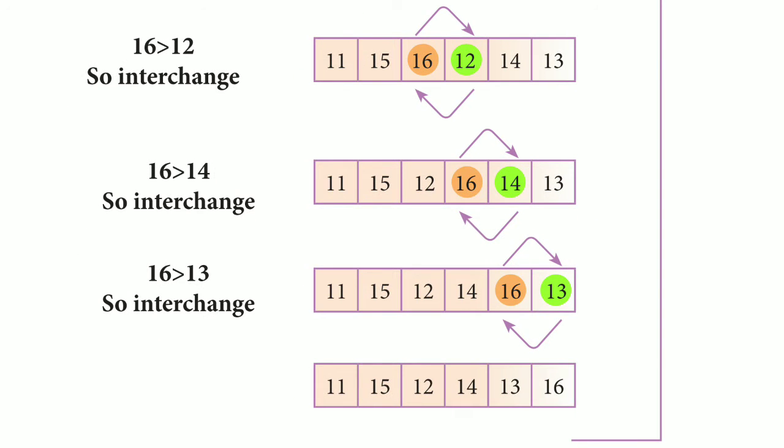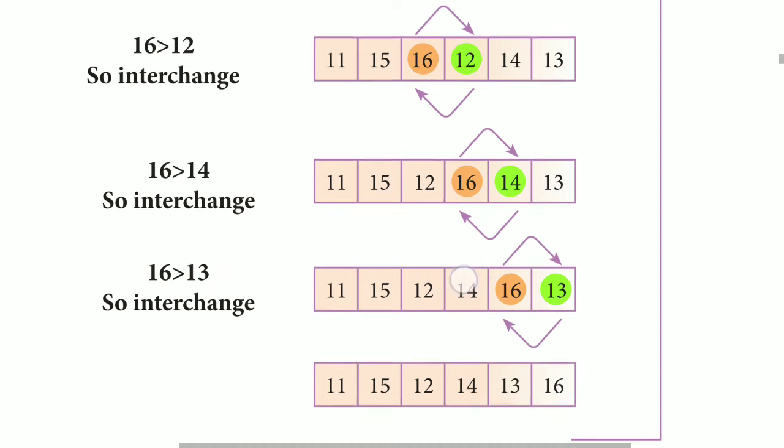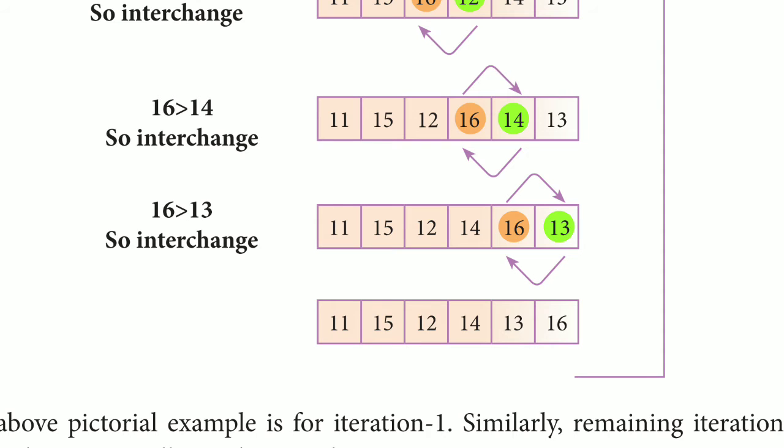Now 16 and 13: 13 comes forward again. Then it will start again from the beginning: 11 and 15, 15 and 12, 14 and 15. This will keep on moving until there is no need of swapping, and then the algorithm will stop.